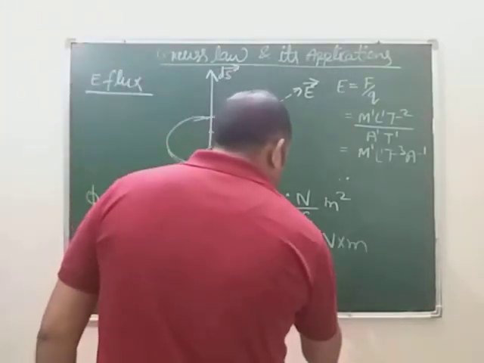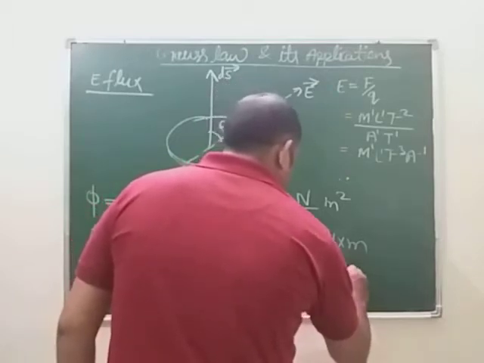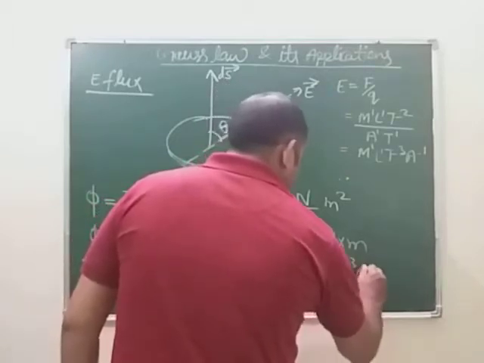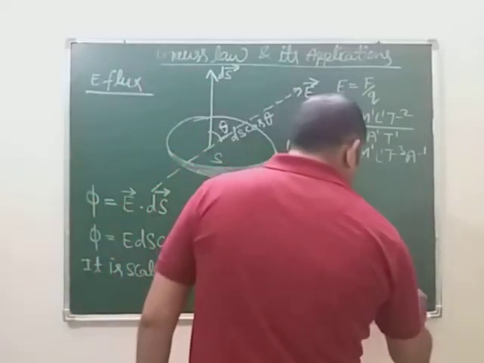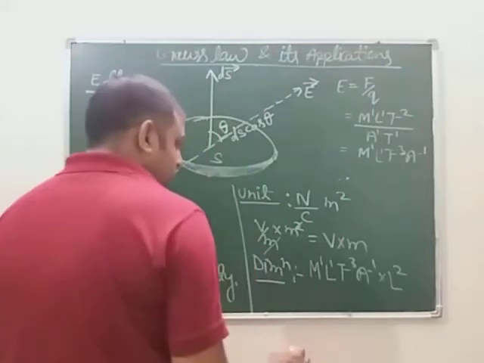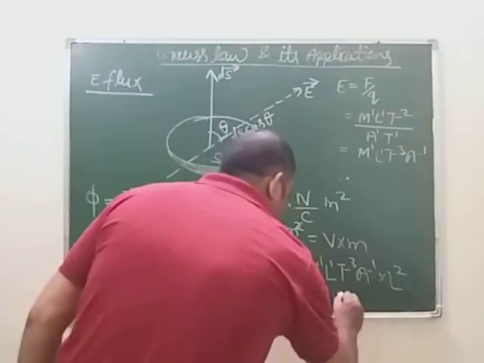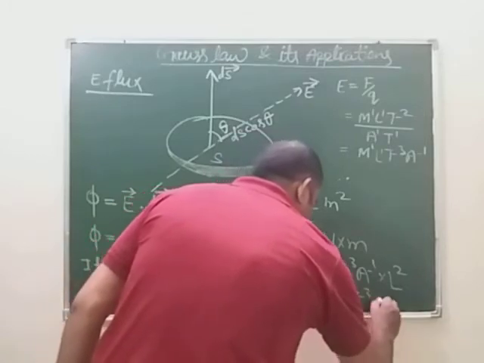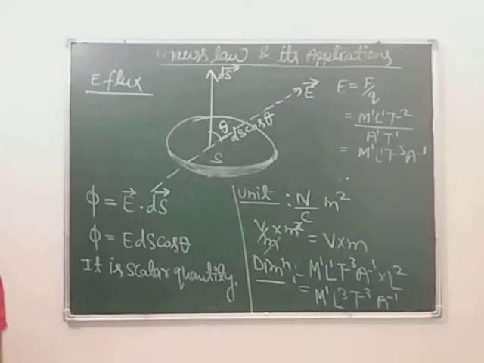So we can write M1 L1 T minus 3 A minus 1 into L square. So the dimension will be M1 L3 T minus 3 A minus 1. So these are the unit and dimensions of electric flux.